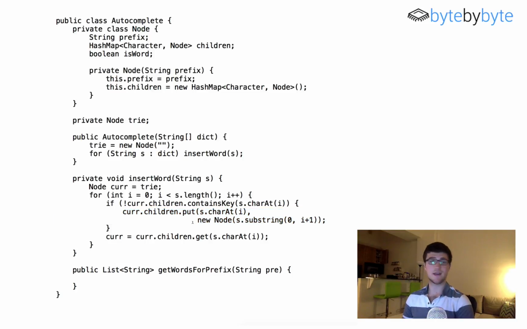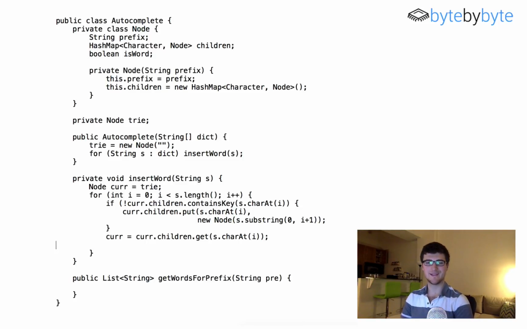So this, I think, simplifies the code a little bit. It's a few fewer lines, but maybe slightly less efficient, so it's up to you. And then we're going to say if i equals s.length minus 1, then cur.isWord is true.